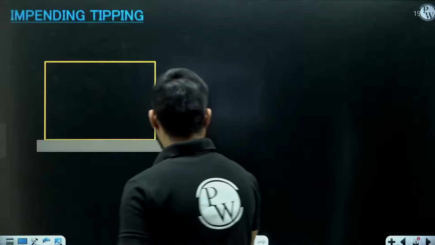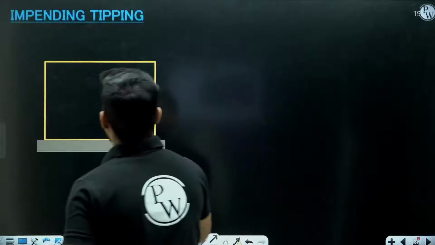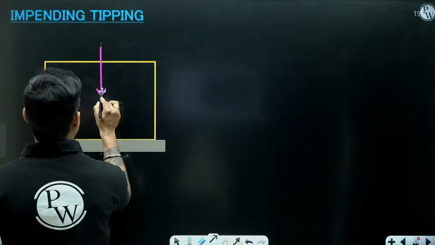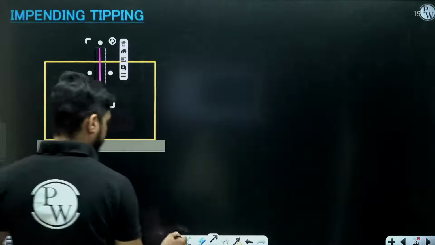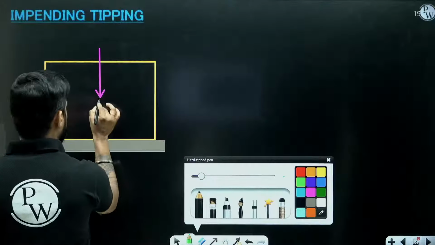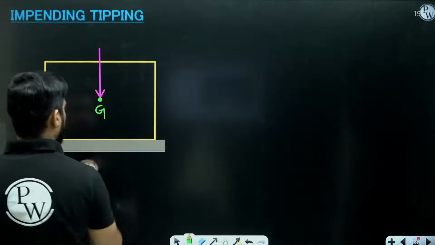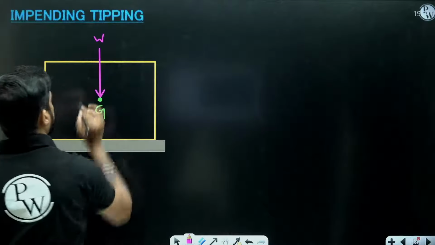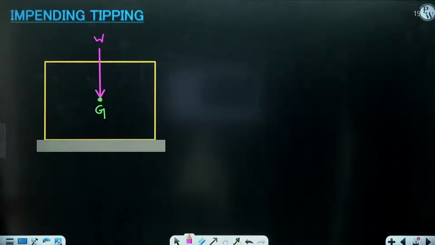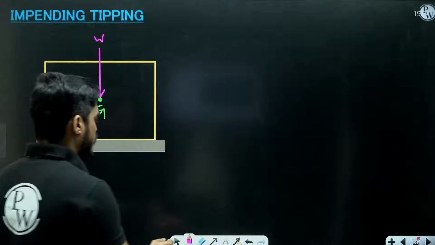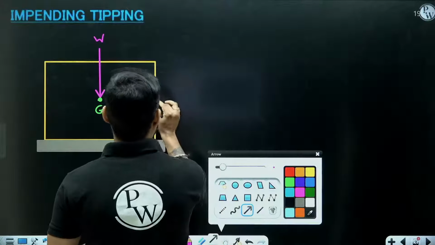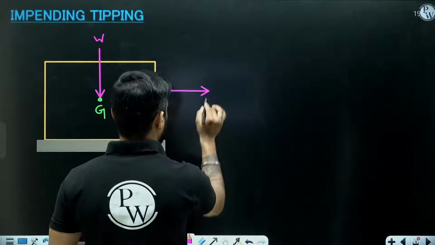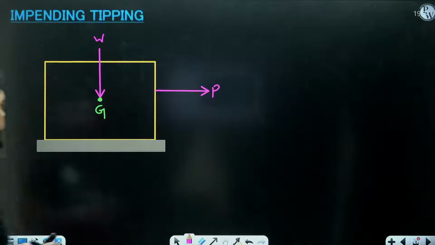Now, the weight of this box is W, which is acting at the center of gravity. This is the center of gravity. So the weight of this box is acting here. And let's say we are applying a horizontal force in order to move this block towards the right.